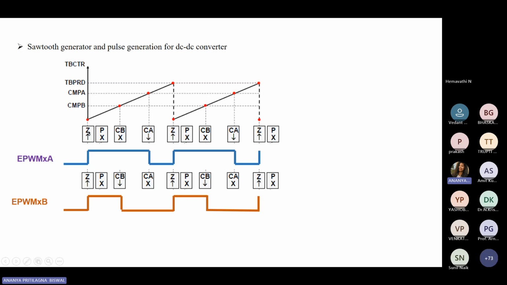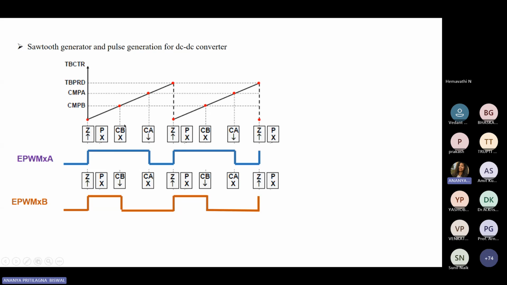So first, for EPWM1, when TBCTR is 0, it will be set so that it rises.